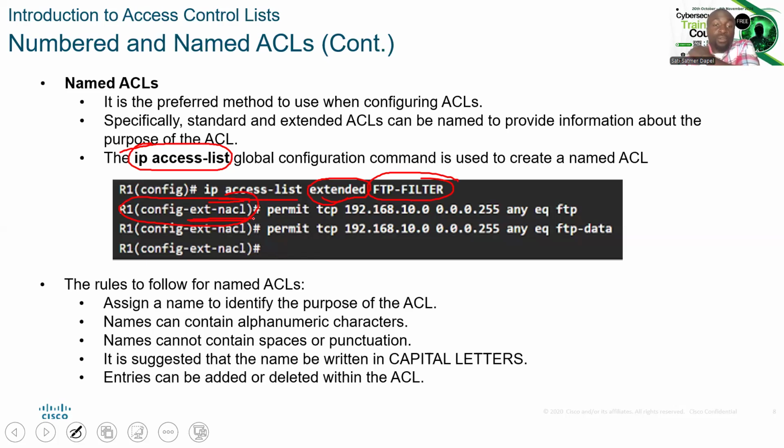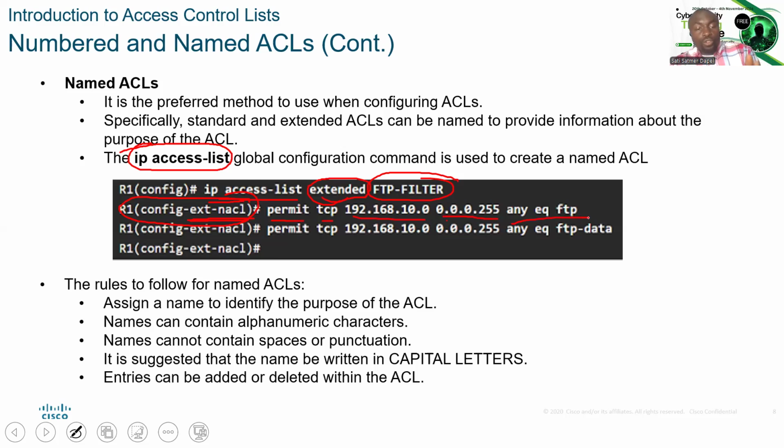So that's what the router will show you. Once you see that, you know that you're using a named access control list. So you will now give your own command. In this example, you give a command, permit TCP, then you give the IP address, then the wildcard mask, we'll talk about it later, then the destination, we'll talk about it.